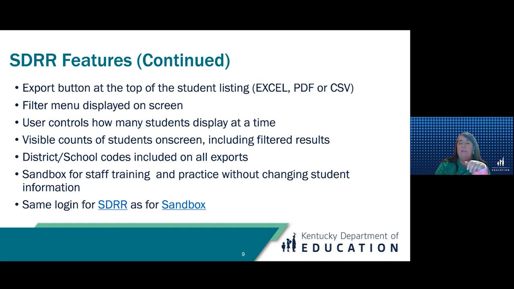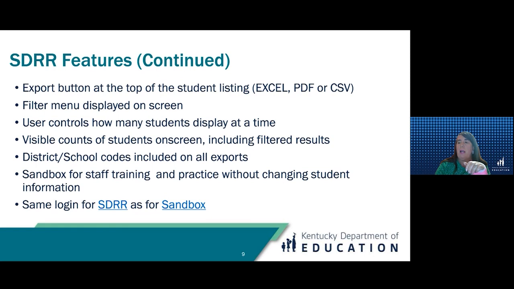Now, we also have an SDRR where you can export. Before the testing window is over, we always want you to export it to either an Excel, a PDF, or a CSV file, and you can work in that and be looking at that information.